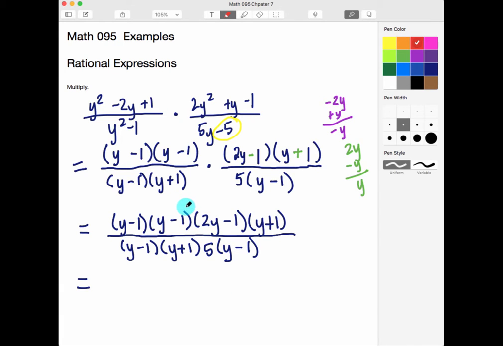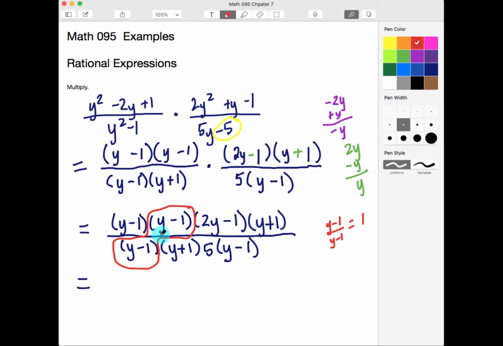So the reason why we get to do this is, let's say I group these guys together here, these y minus 1s. Well, it's kind of like a fraction, but they're slid over a little bit. Y minus 1 divided by y minus 1 is the same thing over itself. Anything over itself is always a 1.